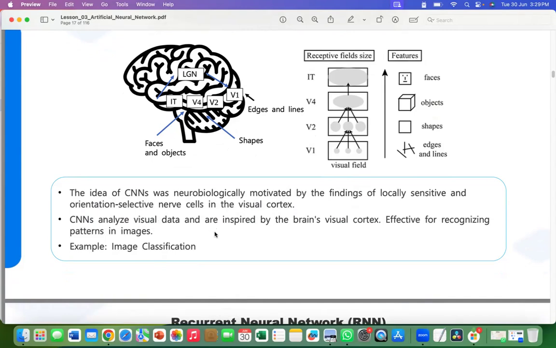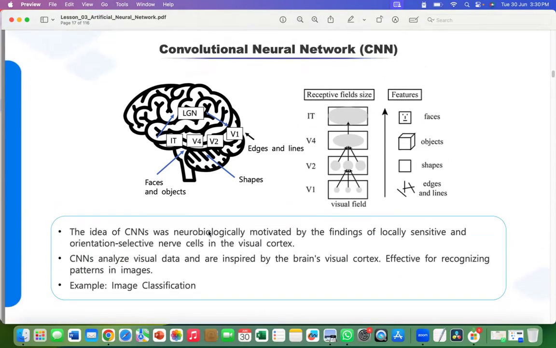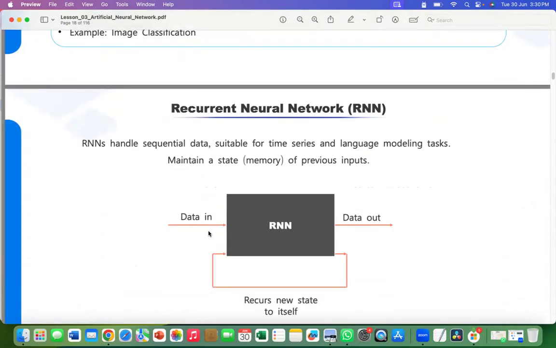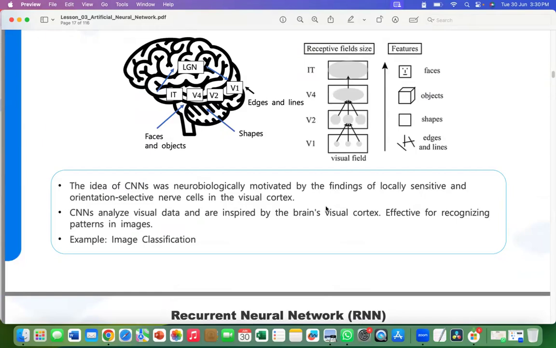CNNs analyze visual data and are inspired by the brain's visual cortex, effective for recognizing patterns in images. Example, image classification. For image classification, most of the time we use CNN.